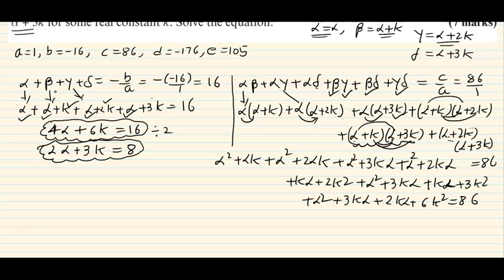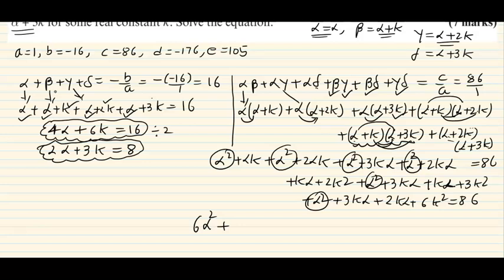So let's tidy up. If you tidy up and write down how many alpha squares are here: 1, 2, 3, 4, 5 and 6. So we got 6 alpha square, right?